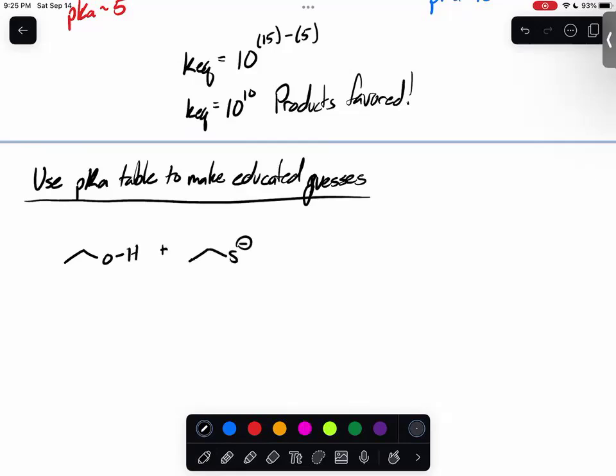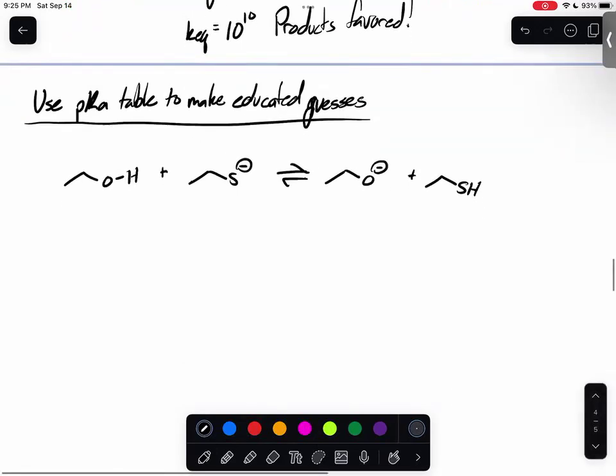which involves an alcohol and a sulfide, making an alkoxide and a thiol, like this. So, looking at this reaction, once again, I see on the left-hand side we have a base. All right. And then that does mean that the alcohol would have to be our acid, right? And we know that based on electronegativity, that would be our most acidic proton.